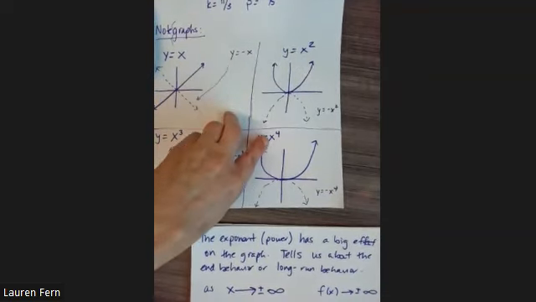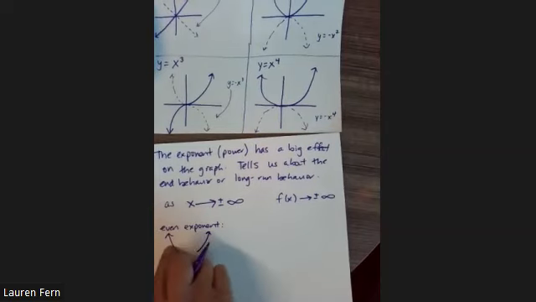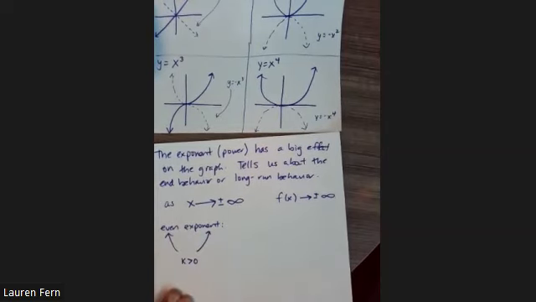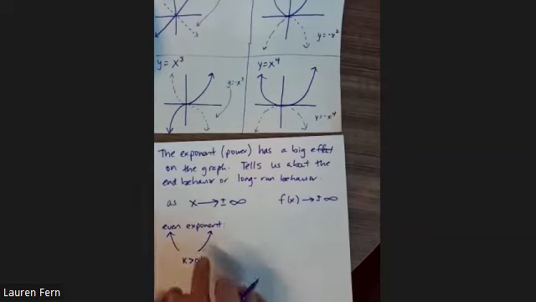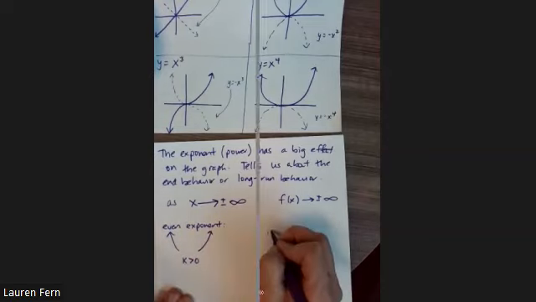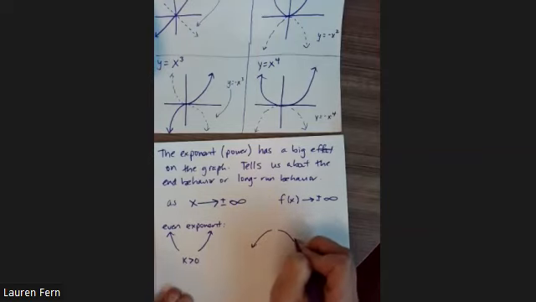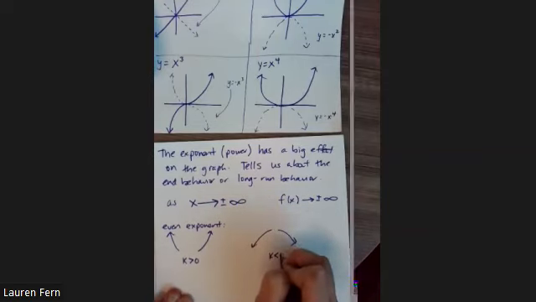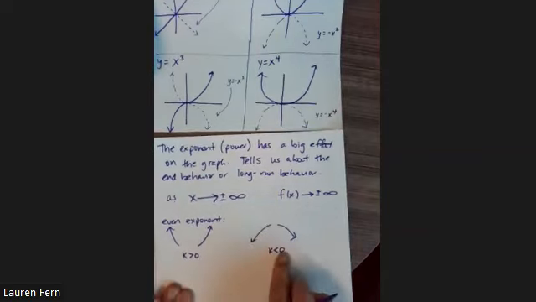So when you have an even exponent, a lot of funky things can happen in the middle, but our long run behavior says that if the coefficient is positive, our function's going to shoot up to positive infinity as x gets really large and as x gets really small, or it's going to shoot down to negative infinity if our coefficient is negative.